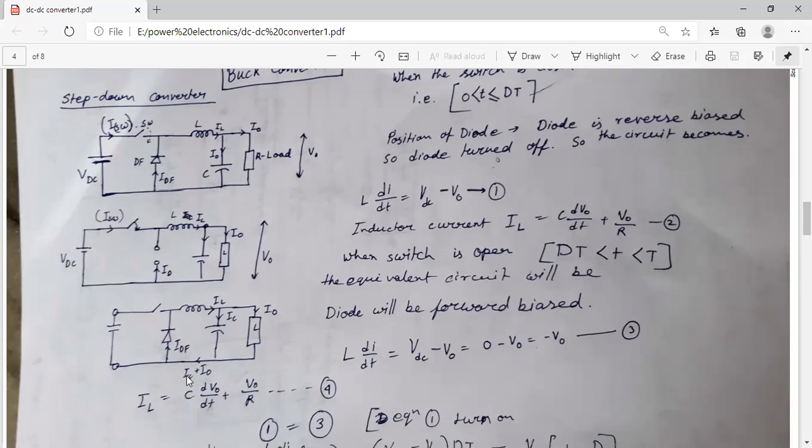So in this case, the switch is open, so supply is not coming, so it will be 0 minus V naught. So this is when the switch is open, and current IL will be the similar thing, C dV naught dt plus V naught by R.